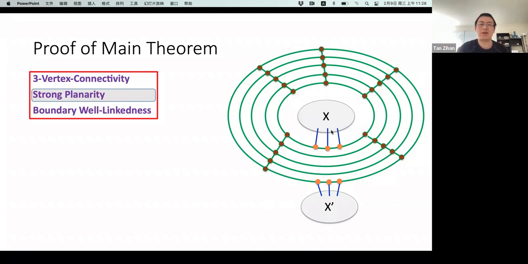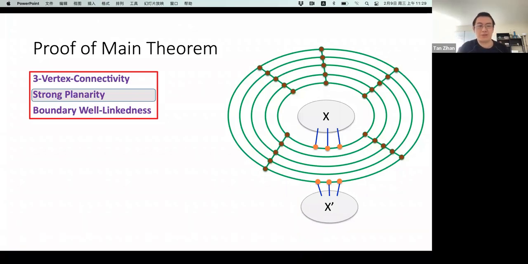There are two connecting clusters, X and X prime, one connecting to the green from inside, one from outside. So there are 6 boundary vertices, 3 on the inside, 3 on the outside, and currently they do not lie on the same face. In the unique planar drawing of the green cluster, 3 of them lie on the inner face and 3 lie on the outer face. This is not what we want. It is not good enough.